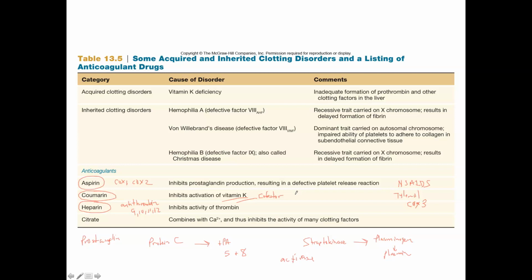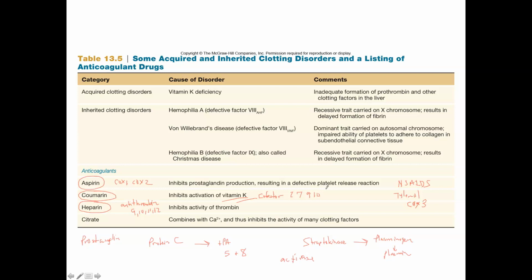So vitamin K is used to assist in the synthesis of factors 2, 7, 9, and 10, which again are all produced in the liver. Without adequate activation of vitamin K, you're going to affect the clotting factor synthesis and thus prevent coagulation from taking place. So that's a good anticoagulant chemical as well.